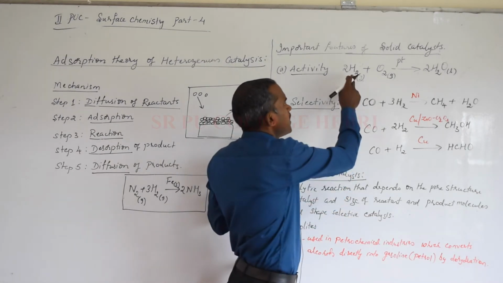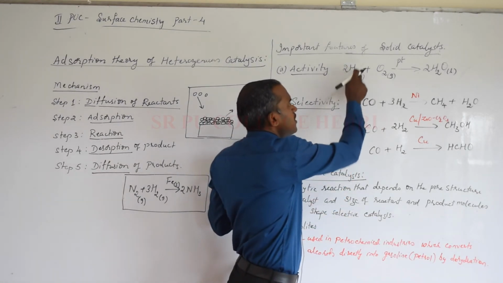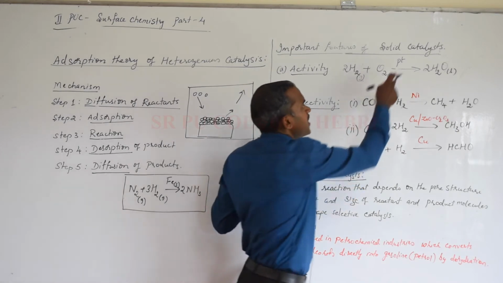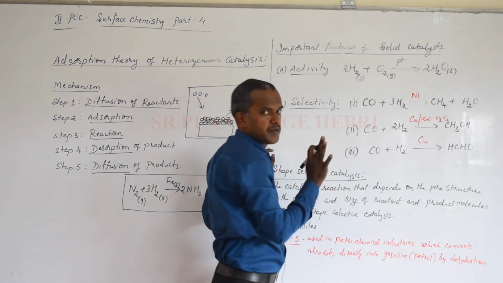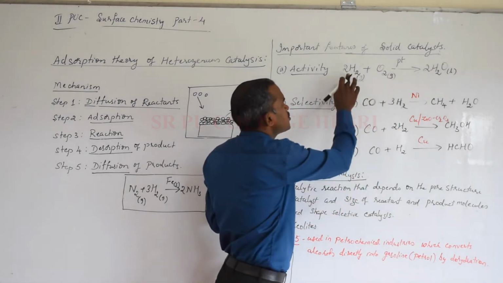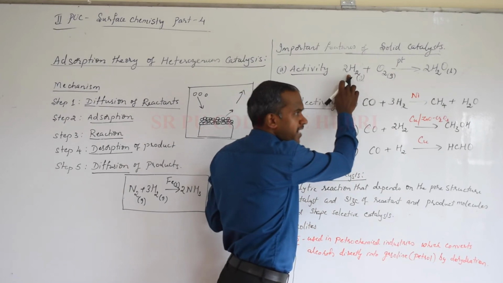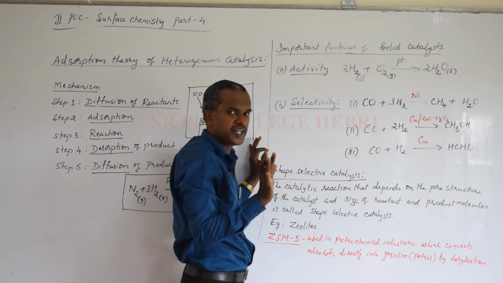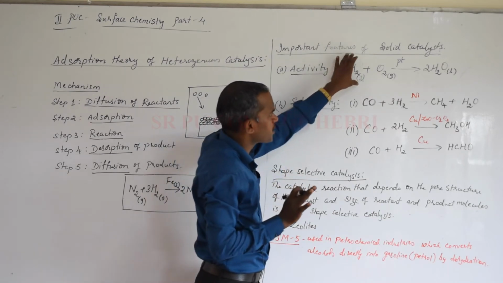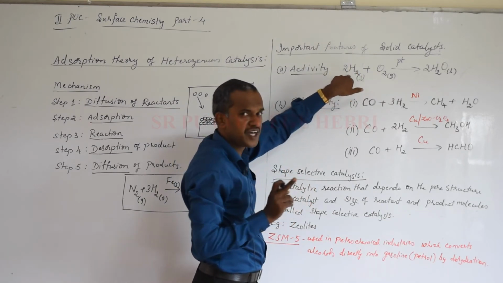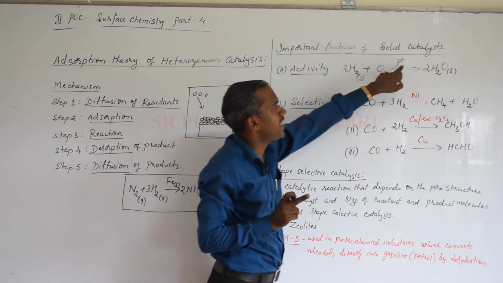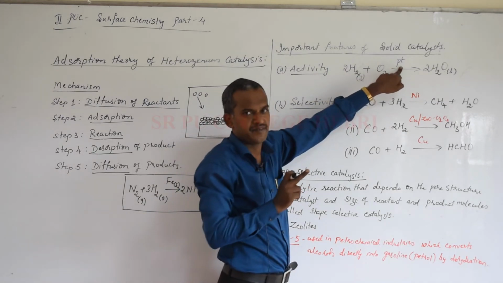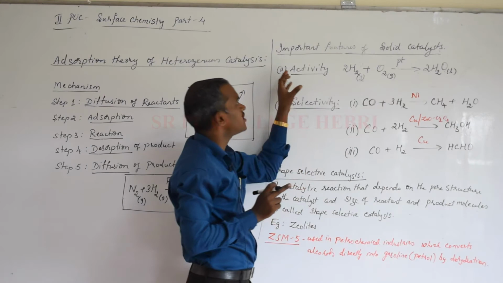In simple terms, it depends on the nature of the adsorbate and adsorbent. Are you clear, students? In this hydrogenation reaction, hydrogen is the adsorbate and platinum is the adsorbent. That is the first point you have to remember.